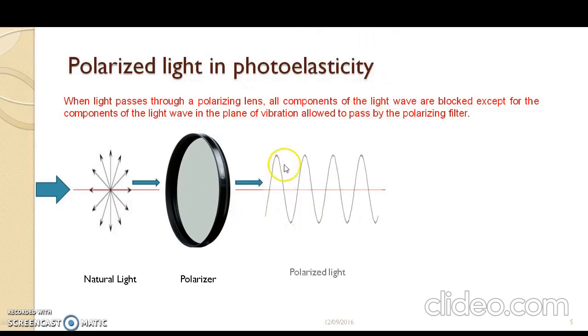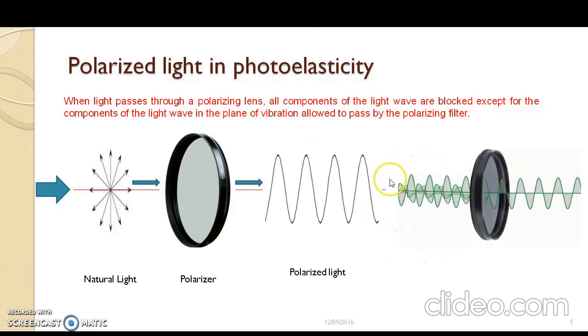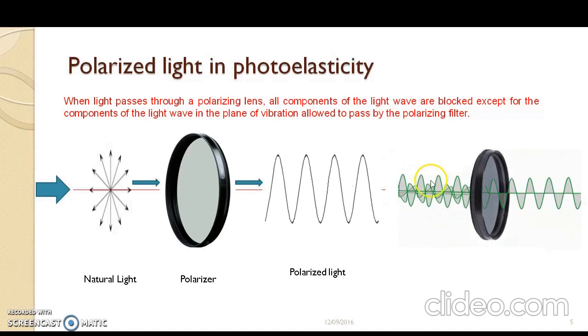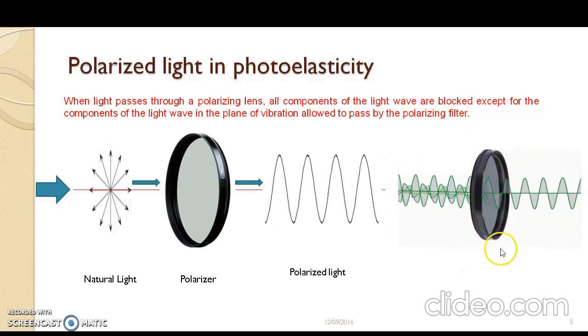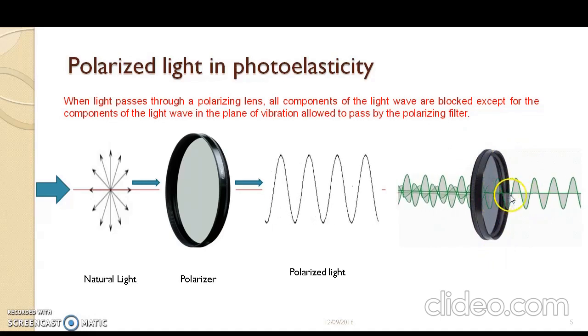Now you can see here the light is passing in a single plane of propagation. Visualizing further, here you can see there are two planes of propagation entering the polarizer, where the polarizer cuts off the light in the other direction and passes only a single plane of propagation. Now you would have understood how polarized light is obtained.